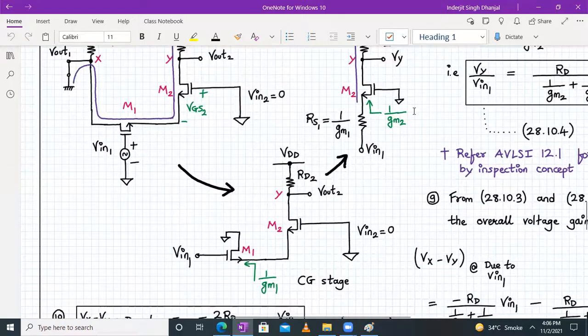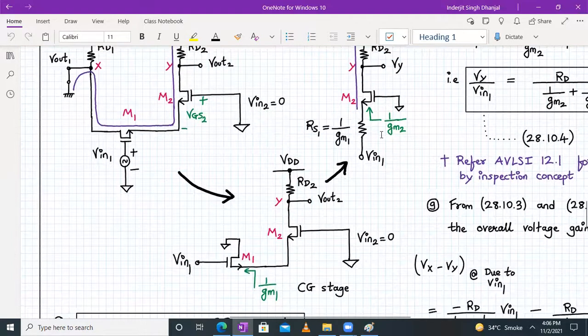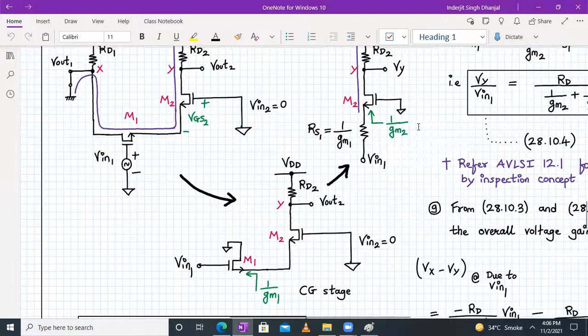Now we can simplify this further. We have VDD, RD2, Vx, Vy, and here we have the impedance looking into the source terminal of the M2 transistor, whose gate terminal is grounded, given by 1 upon gm2. So how do we finally write the formula? We replace M1 with a resistance 1 upon gm1, so RS1 has become 1 upon gm1. The impedance looking into the source terminal of M2 is 1 upon gm2.